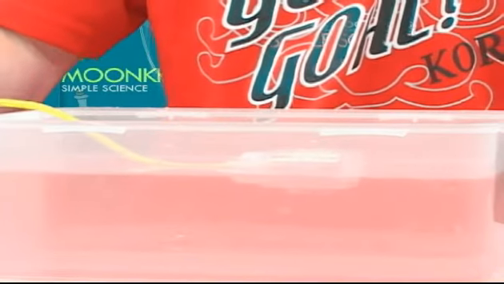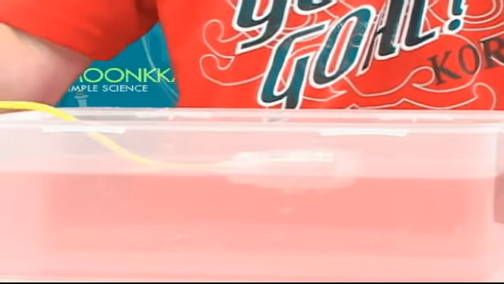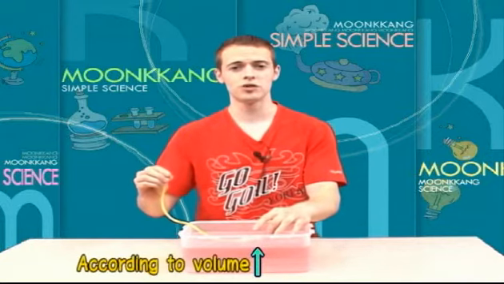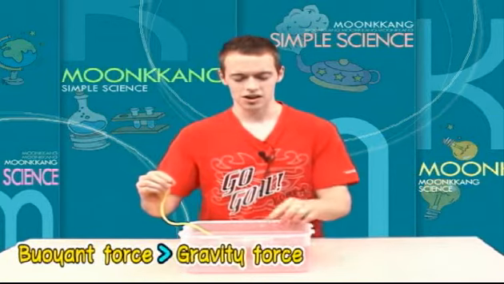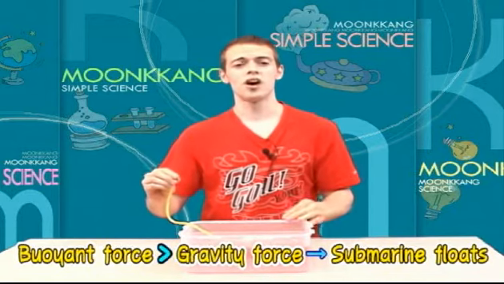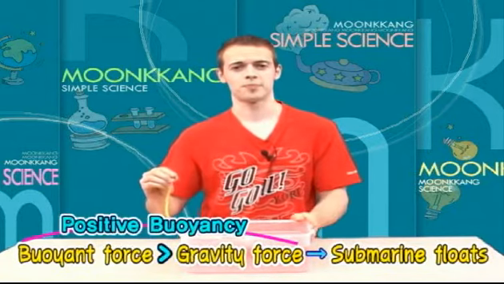On the other hand, a force called the buoyant force is pushing upwards on our submarine according to its volume. So right now, the buoyant force is greater than the force of gravity, so the submarine floats. We call this positive buoyancy.